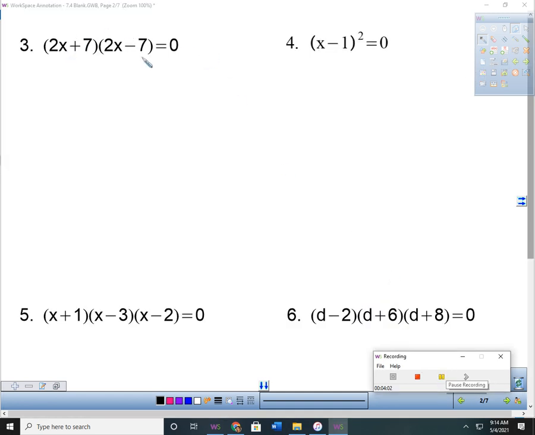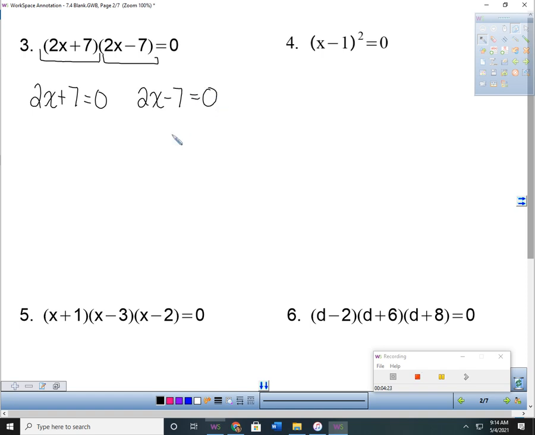All right, again, we have two factors here. We have 2x plus 7, and we have 2x minus 7. So I'm going to set both of those equal to 0. If I were to solve for x, I would have to subtract my 7.